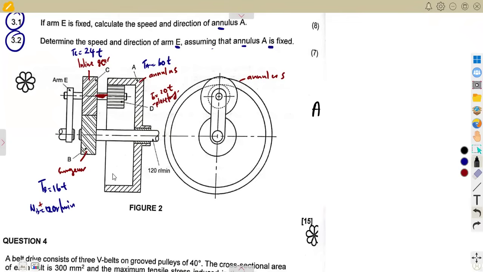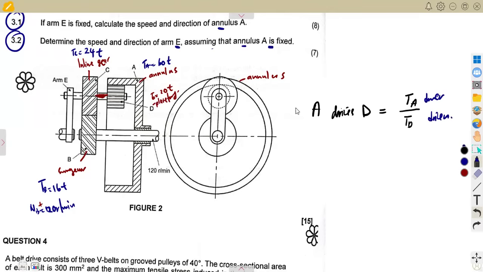So A, which is our annulus in this case, is going to drive the planetary, which is D, in the same direction. If it is driven in the same direction, it's going to be TA, the number of teeth of the driver, over the number of the driven, which is TD. So that's what you're going to have in the same direction: driver over driven.